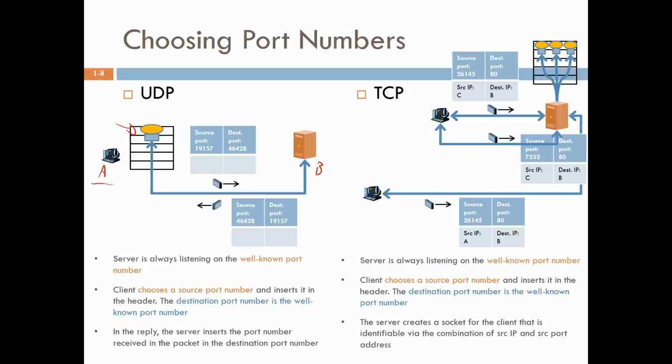Okay. And so in order for A to be able to differentiate between the responses coming to the different application layer processes, it has to give each one a different source port number when it is sending the packet. So when A generates a packet at the application layer and gives it to the transport layer, it adds a source port number that is unique within this device. Okay. So this is the source port number.